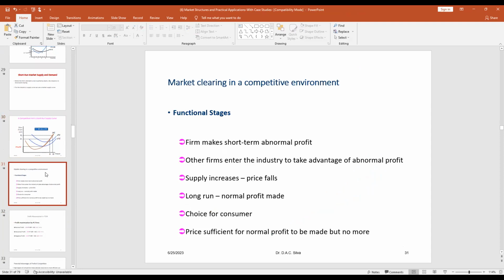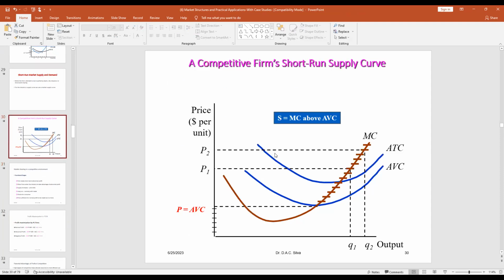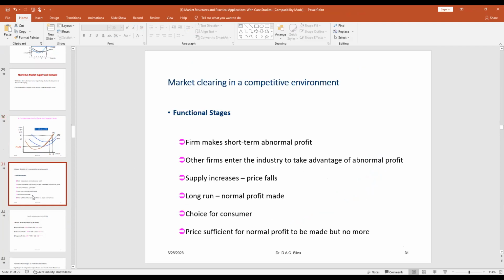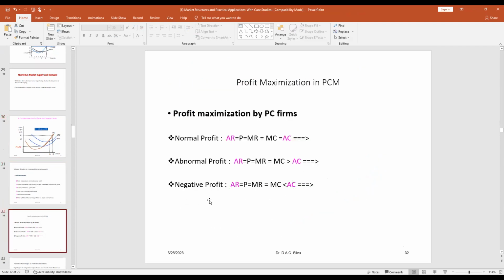So then, market clearing. When firms make short-term abnormal profit, other firms enter. When the supply increases, price falls, and long-run normal profit is made. This is how the process comes. If competition is happening, then ultimately because of the competition, long-run profit, meaning zero profit level, comes.